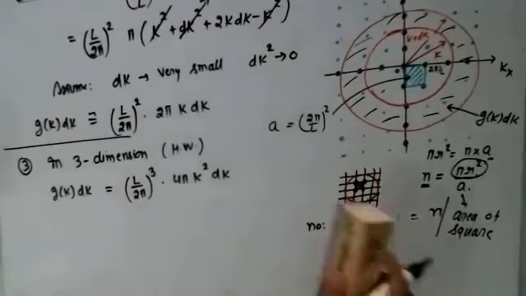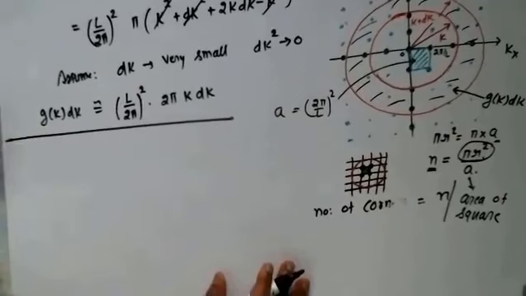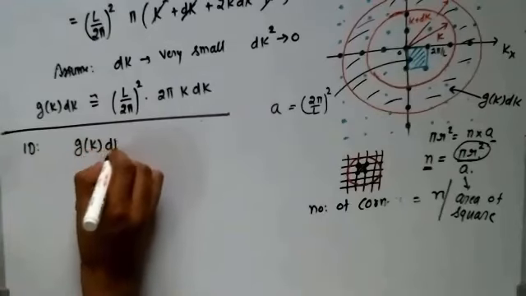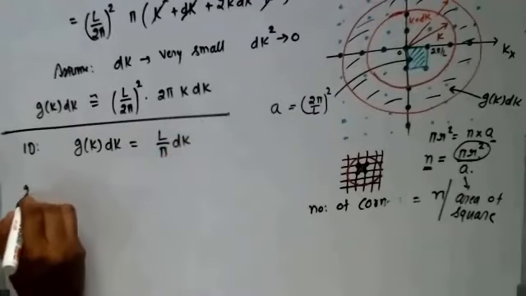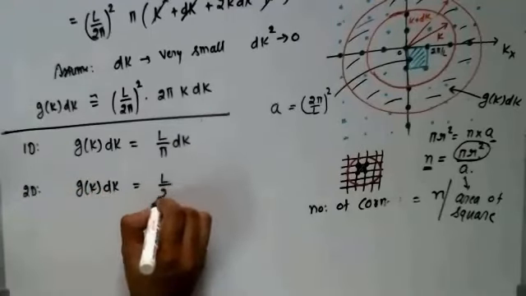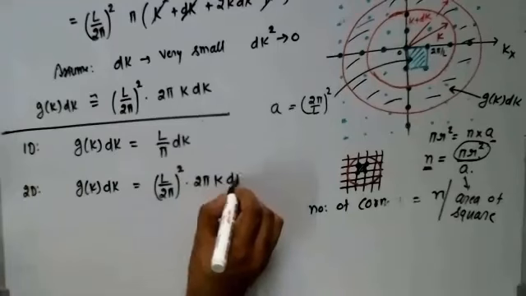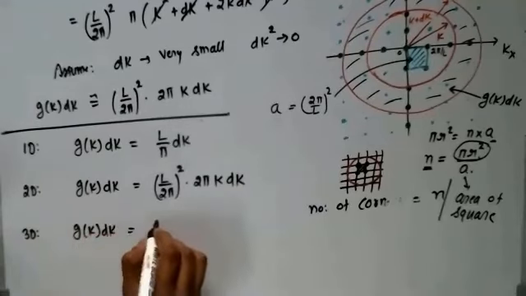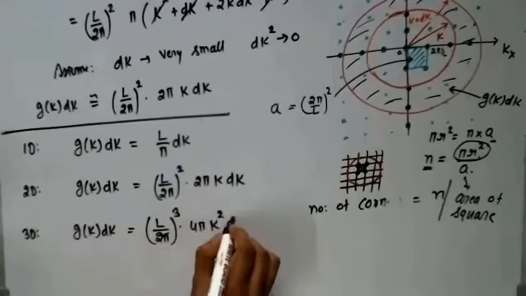So overall, you have to remember these 3 formulas. In one dimension, gk dk equals L upon pi into dk. In two dimensions, gk dk is L upon 2 pi whole square, 2 pi k into dk. And in three dimensions, gk dk will be L upon 2 pi whole cube, 4 pi k square dk.